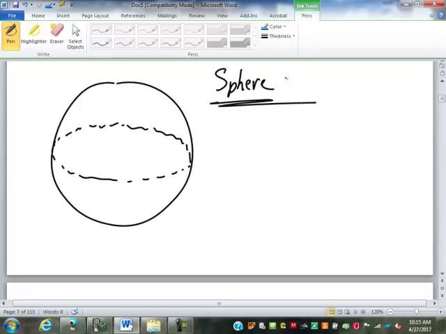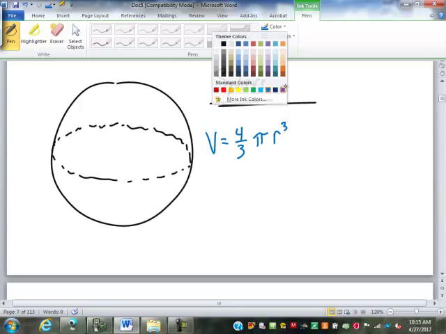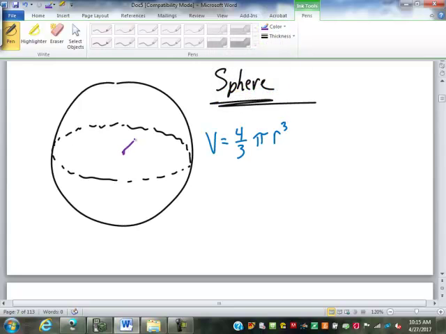So this is going to be one of the few times where I'm just going to give you a formula and ask you to trust me that that's the right formula. So for the volume of a sphere, the volume of a sphere is 4/3 times pi times the radius cubed. So let's say this sphere has a radius of 9 feet.